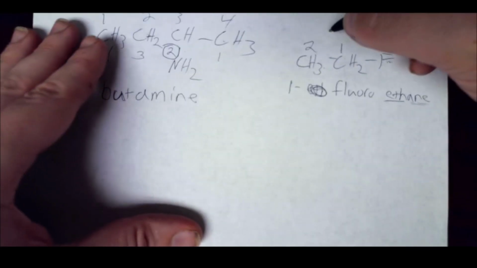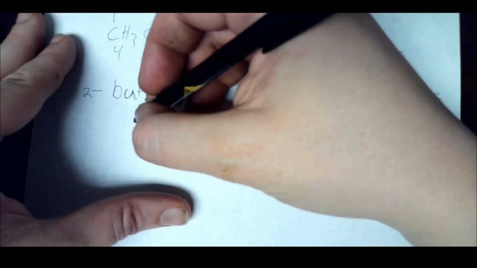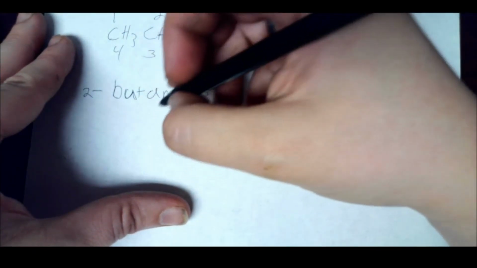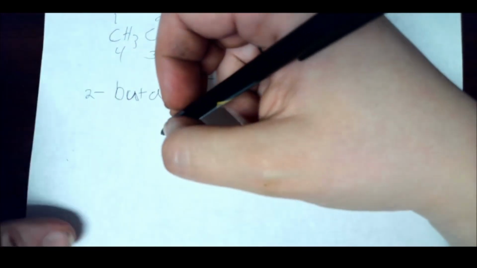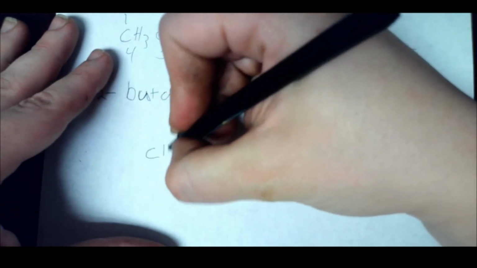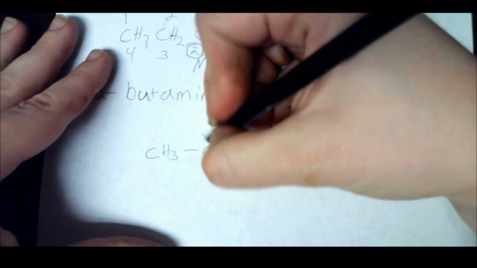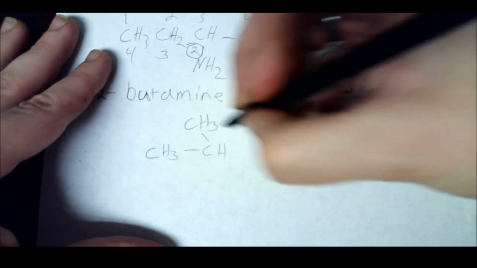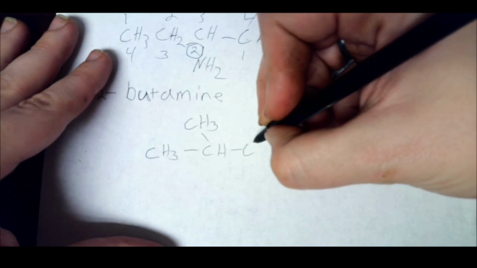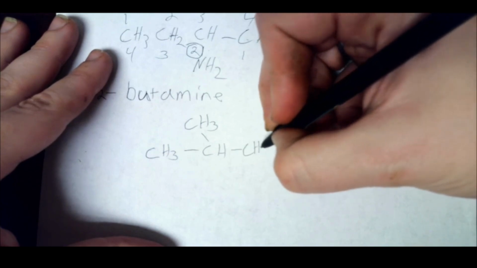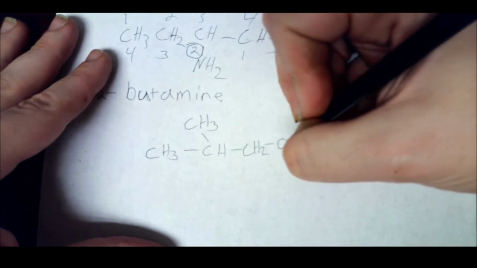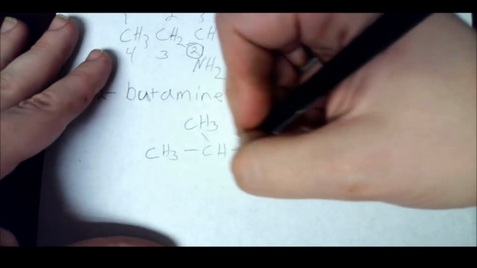Let's say we put an alcohol on. Let's do a 5-carbon, but we'll make it interesting. So instead, CH3, CH, CH3, CH2, CH2OH. 1, 2, 3, shoot.